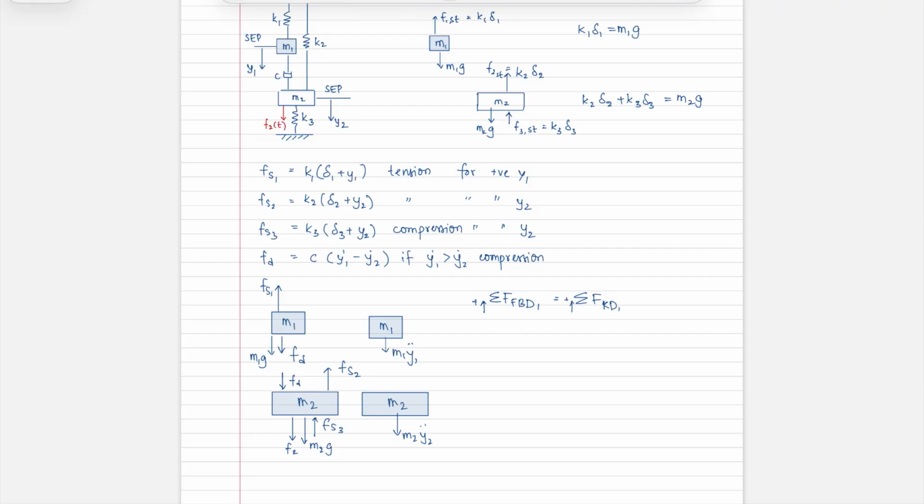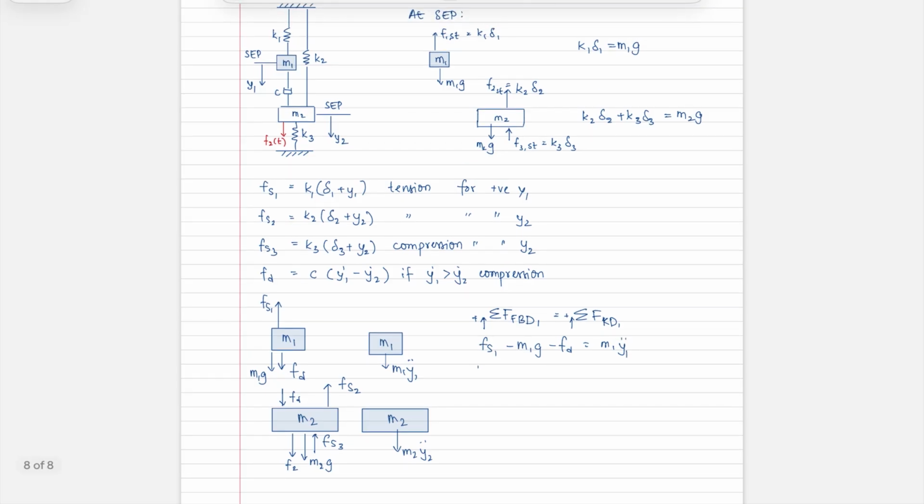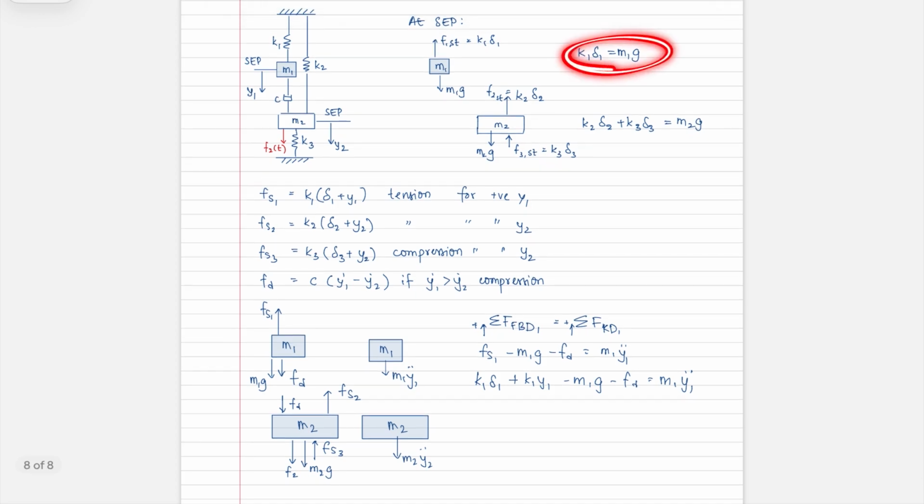This will now give us Fs1 minus M1G minus Fd is equal to M1 Y1 double dot, except that Fs1 is K1 delta 1 plus K1 Y1, and then you have minus M1G minus Fd is equal to M1 Y1 double dot. And we had this relation here which says that K1 delta 1 is M1G, so these two cancel out.